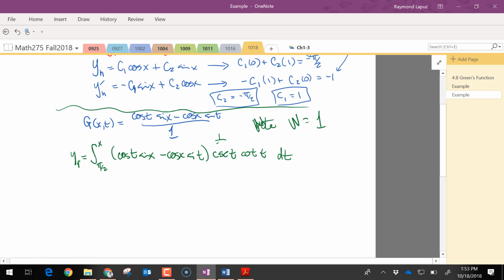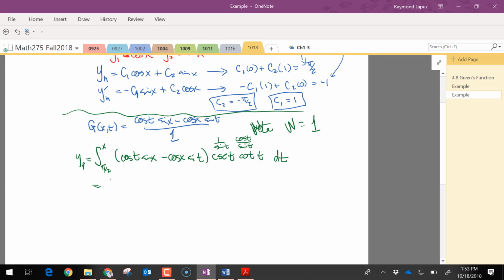If you remember your trig, what do you mean if you remember? You should remember your trig. 1 over sine and cosine over sine gets distributed. So we're going to get the integral from pi over 2 to x. We got cosine t.